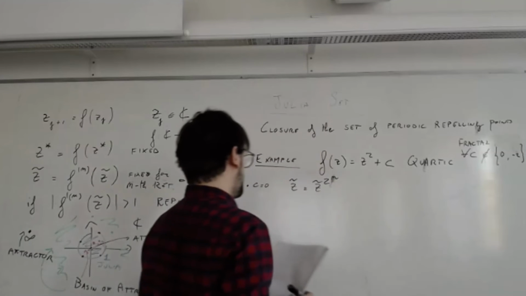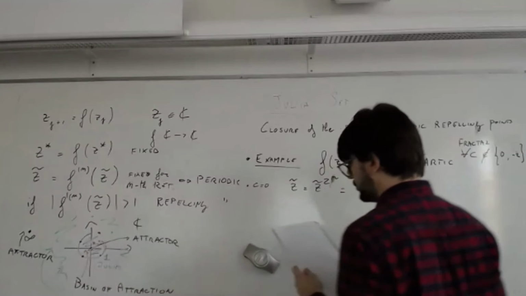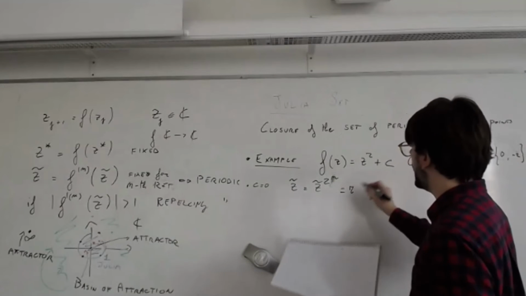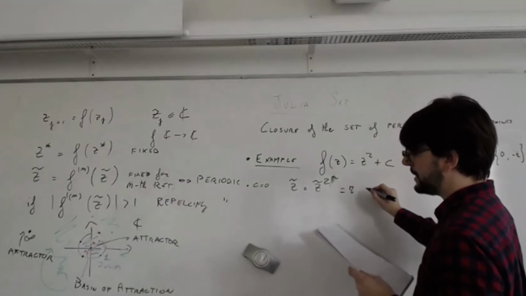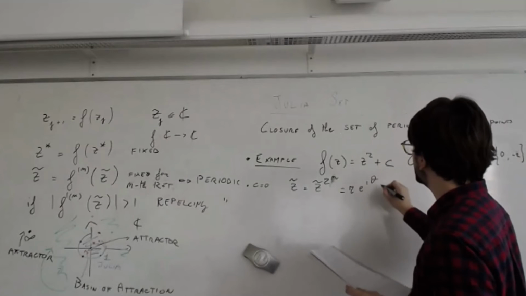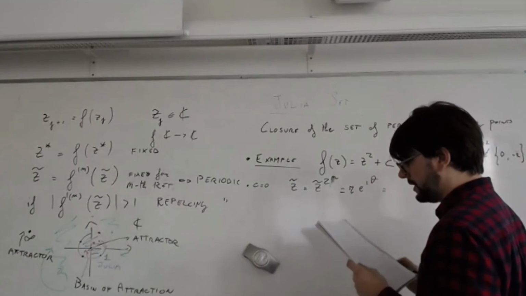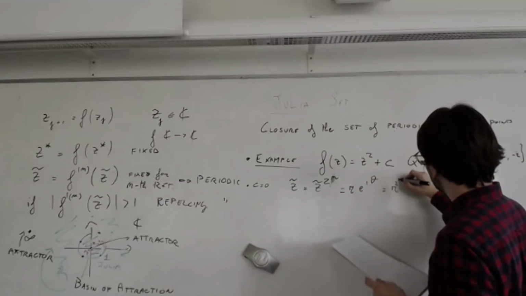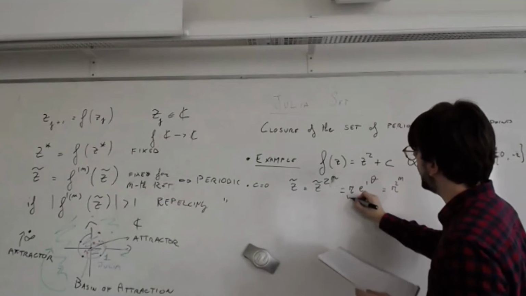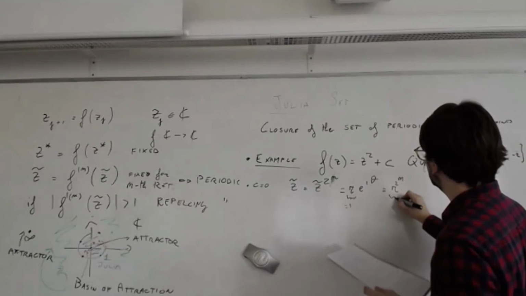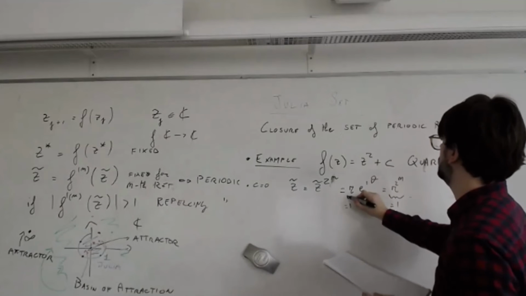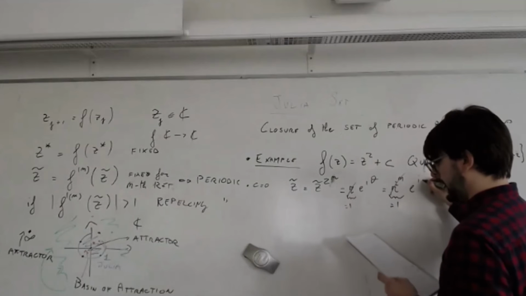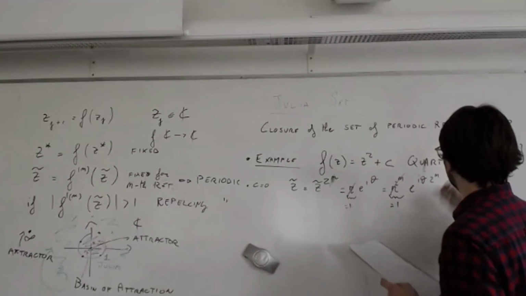And then we can use the polar notation that I was writing on the other side. This is equal to r to the 2n, that is the modulus of Z, times e to the i theta to the 2n, equal to r to the 2n. So if this r is equal to 1, this is also equal to 1, so I cannot care about this.